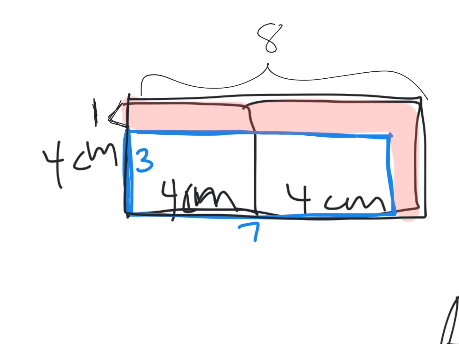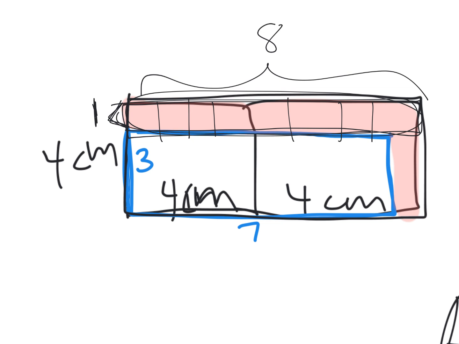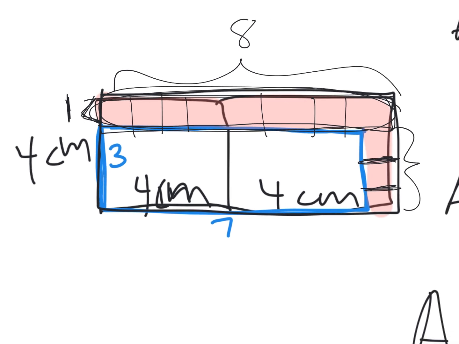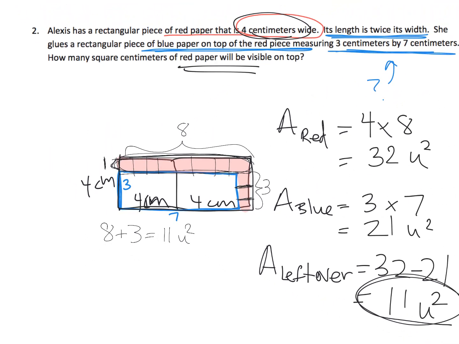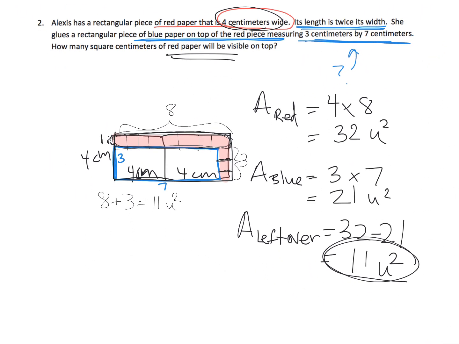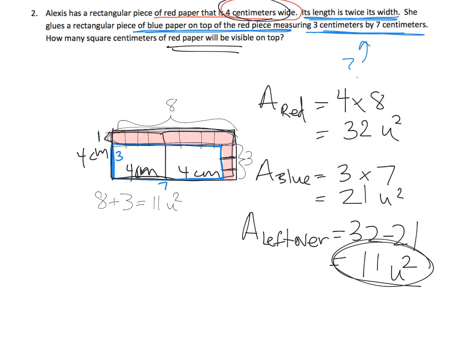So going straight across, right here you've got 4, right here you've got 4, so there's 8 going straight across, and then over here you've got 3. So 8 plus 3 equals 11 square units. So there's two ways that we can show that the answer is 11. And I'm sure the students can come up with other ways.